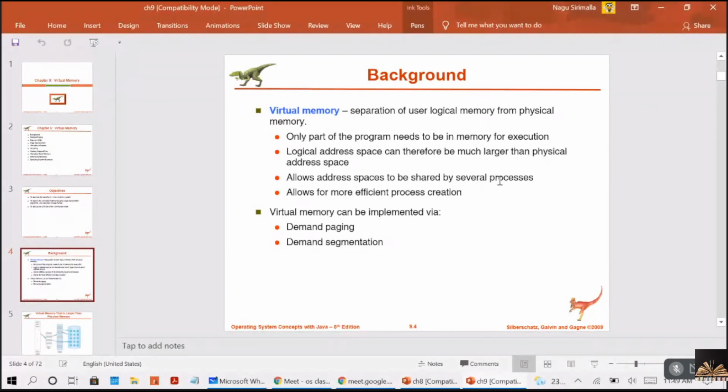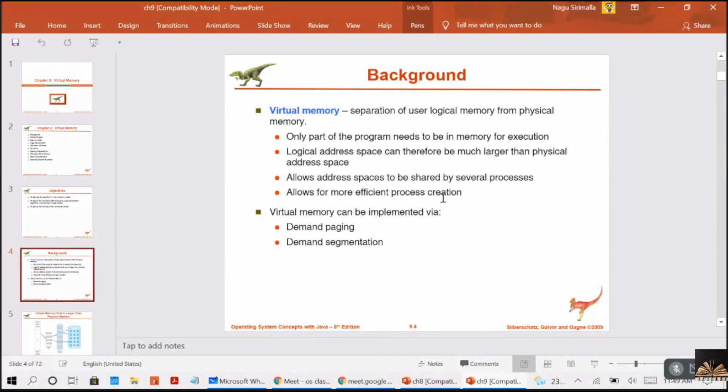If several processes can make use of the address space, you can allow for more efficient process creation, right? It means because you have a larger logical address space, it can accommodate multiple processes. అంటే ఇక్కడ the degree of multi-programming also will increase, and you can utilize the CPU more properly.